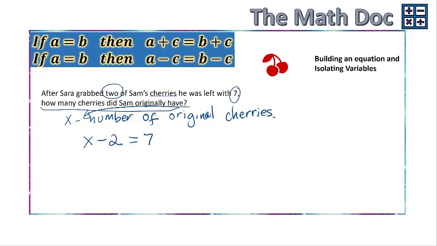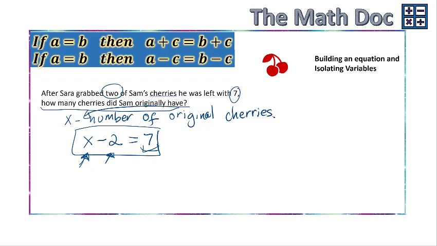We had an original number of cherries, x. We took away 2, right? Sarah grabbed 2 of them. And what we remained with at the end was equal to 7. So we started with an unknown number x, and after 2 were taken away, we remained with 7. And that is kind of our story here.